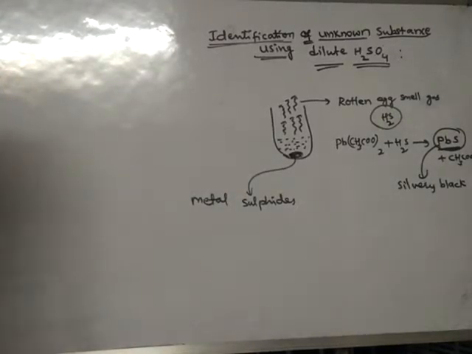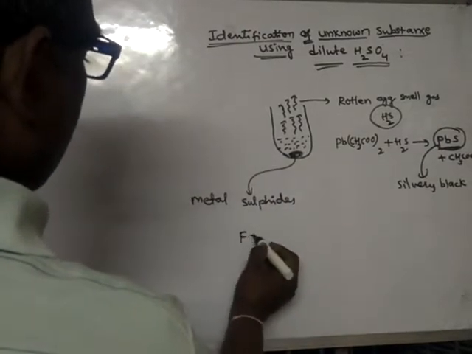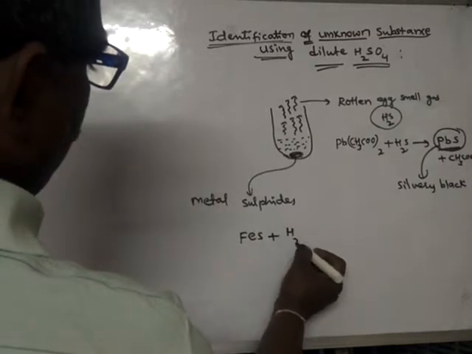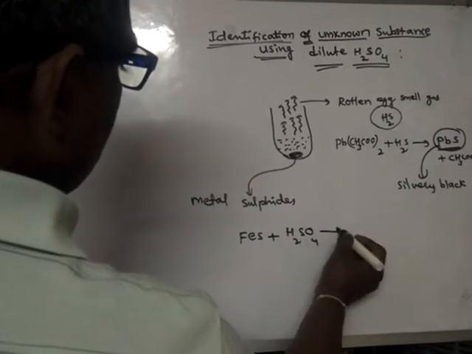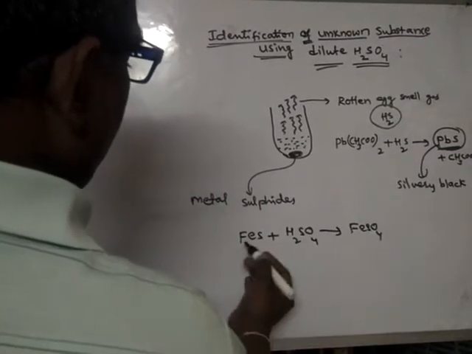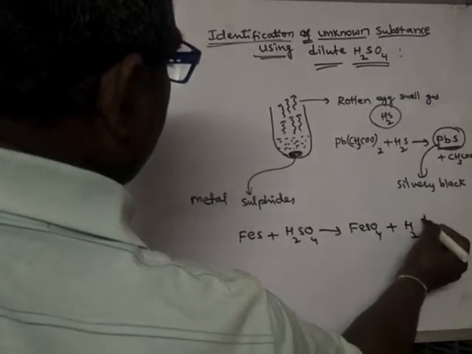For example, let us assume this is FeS, iron sulfide. When it is reacted with dilute sulfuric acid, it forms FeSO4, and H2S gas is liberated.